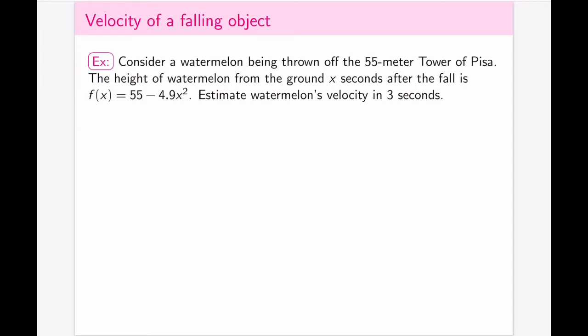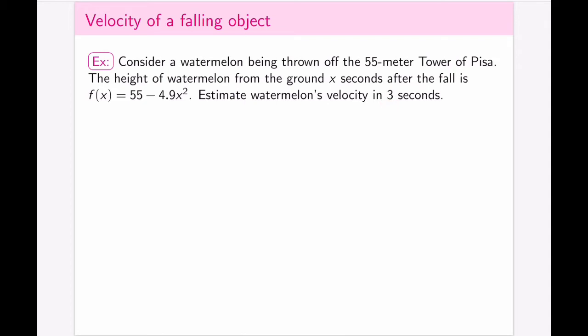So we're back to our watermelon example being thrown off the Tower of Pisa, and we once again have the exact same function as we worked with before. I've relabeled it as f here simply to match the formula on the previous slide so we don't get confused in the function notation and actually focus on the context. We would like to estimate the watermelon's velocity in 3 seconds.